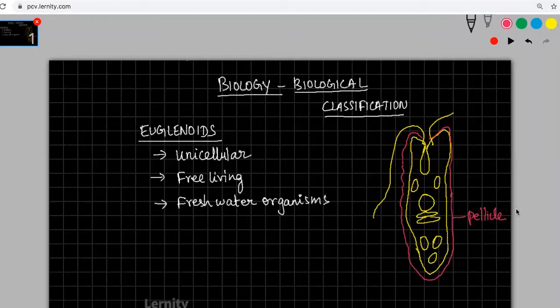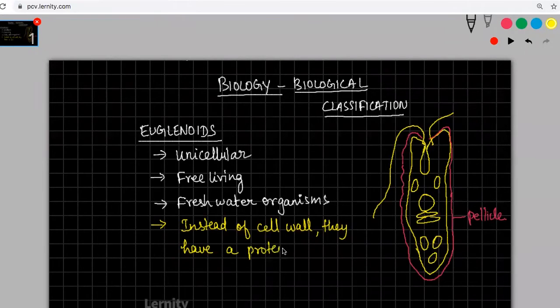So what is this pellicle? Instead of a cell wall, they have a protein rich layer called pellicle.